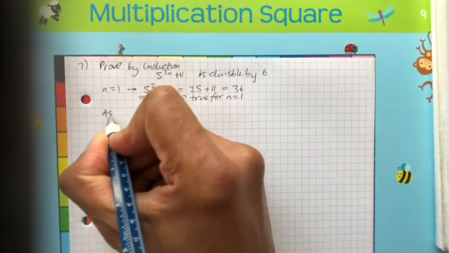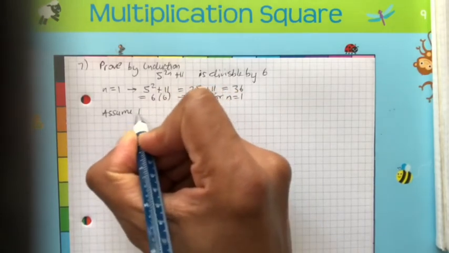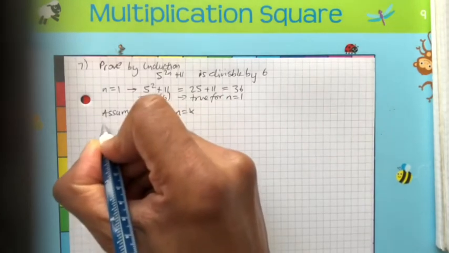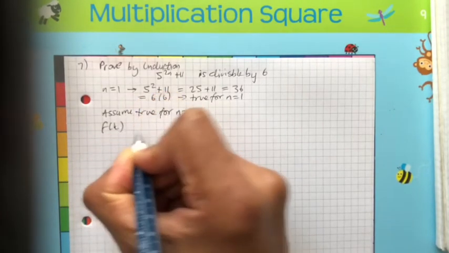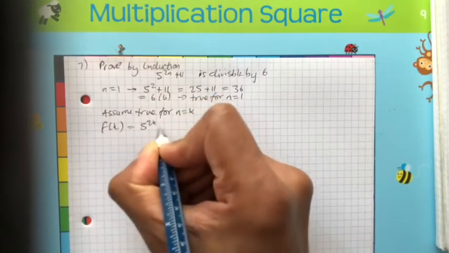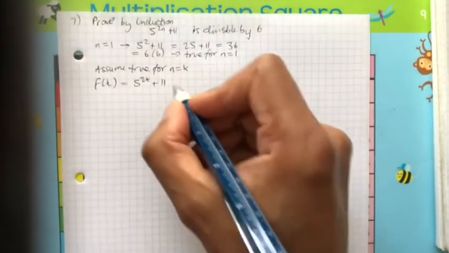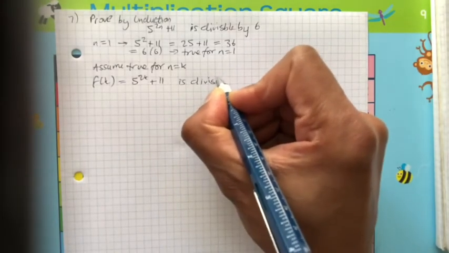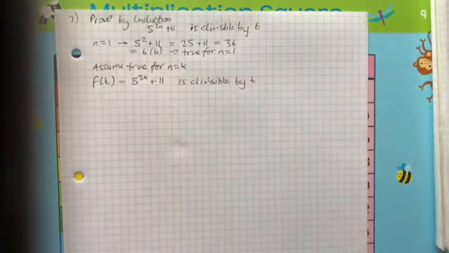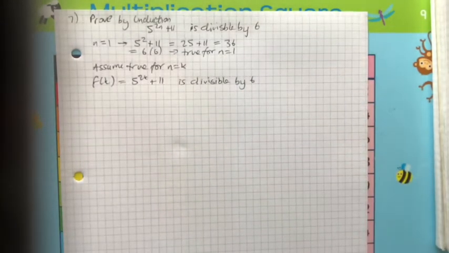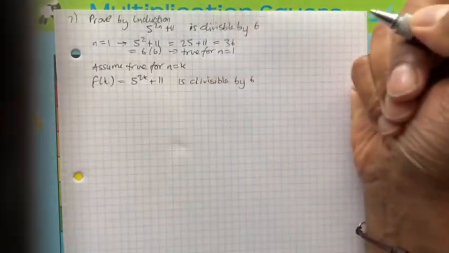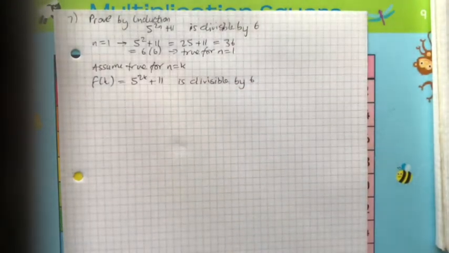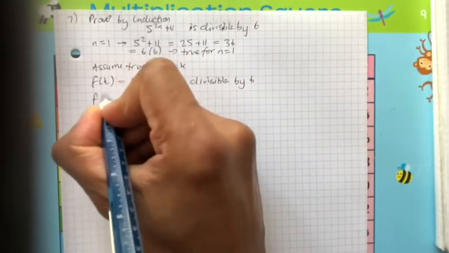So the next statement that we need to make for our next mark is to assume it's true for n equals k. So i.e. f of k is equal to 5 to the 2k plus 11, and that is divisible by 6. Right, so then we look at f of k plus 1.